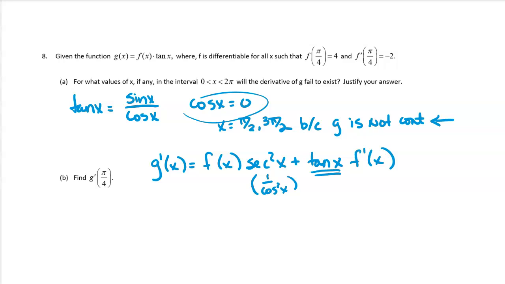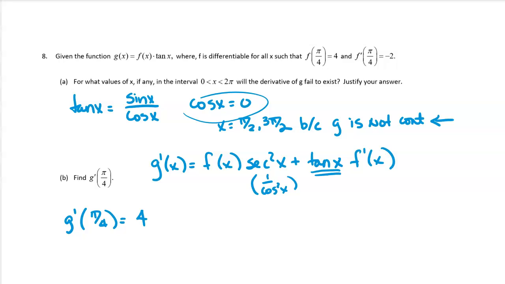G prime, okay, so I've already done g prime of x, so let's do g prime of pi fourths. So we've got f of pi fourths, which is 4 from up above. Secant squared of pi fourths. Here's where I'm kind of putting your knowledge of the unit circle to the test.